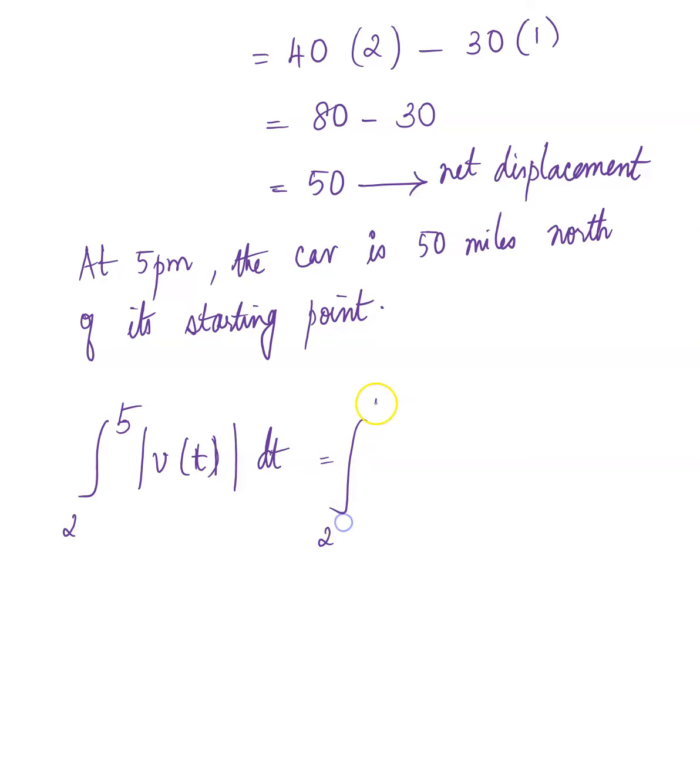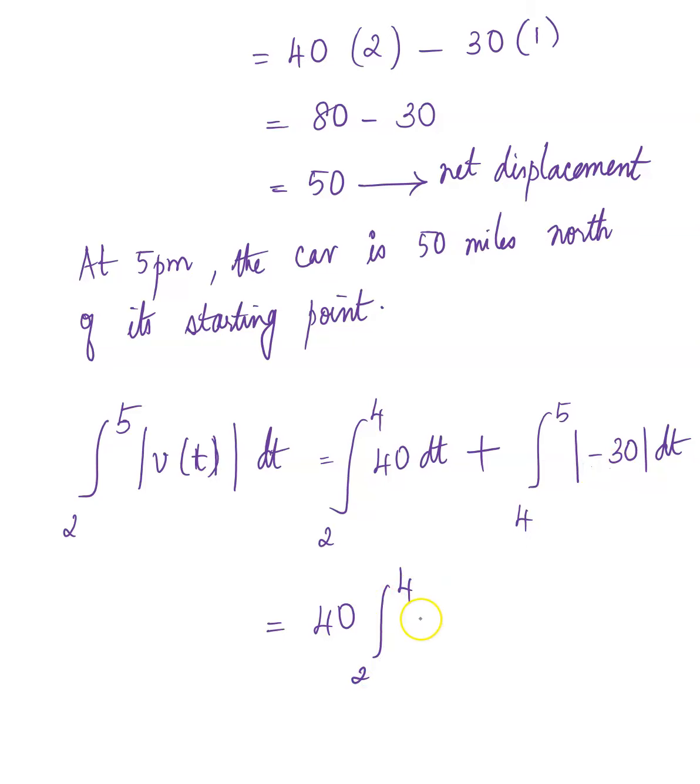You will still split the interval from 2 to 4 and 4 to 5, 40 dt plus integral 4 to 5, absolute value of negative 30 dt. So 40 integral 2 to 4, and the absolute value of negative 30 comes back as a plus 30, the 4 to 5 dt.